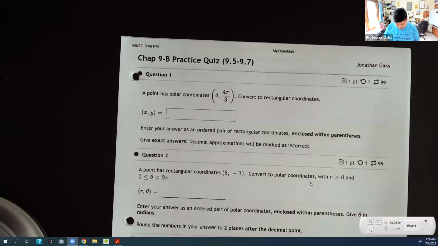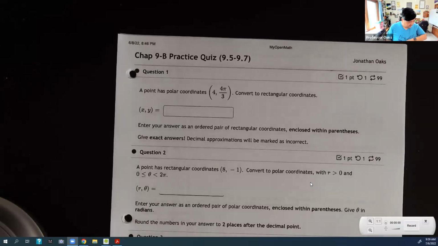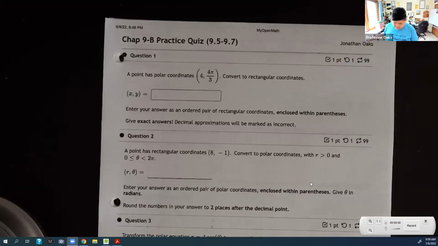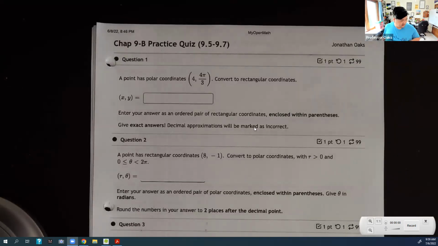So, all right, what I will say is that if you are looking at the polar coordinate system, actually, you know what?